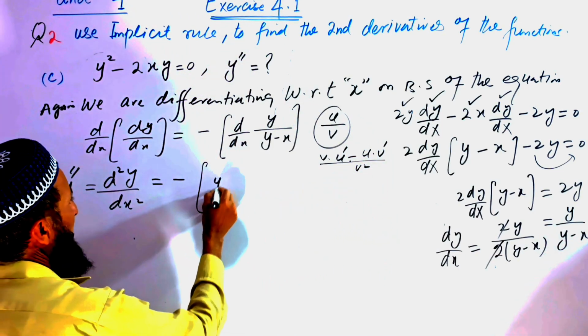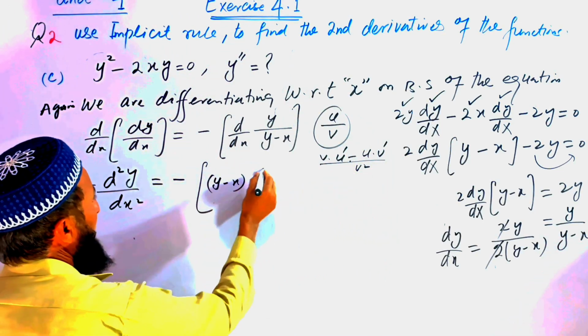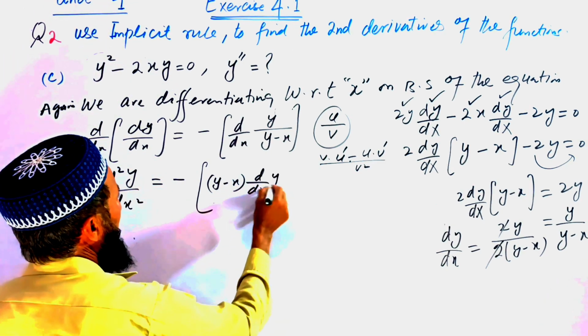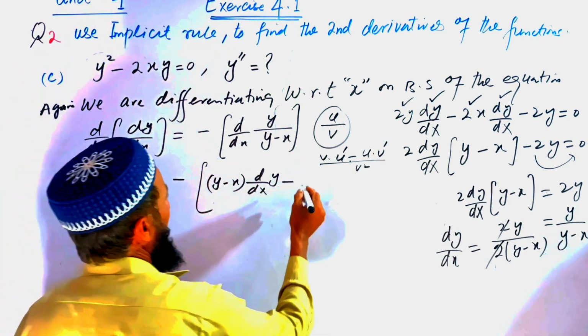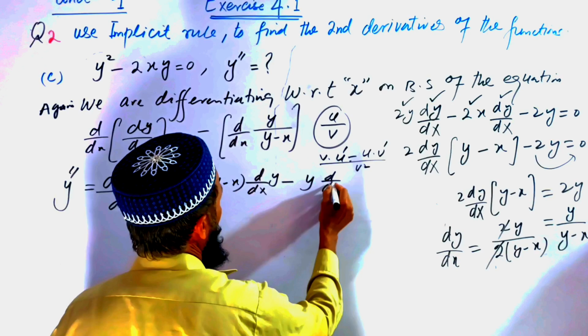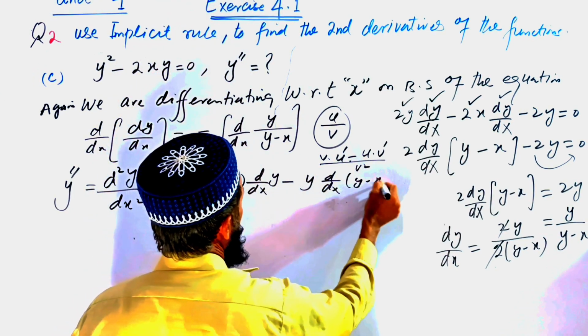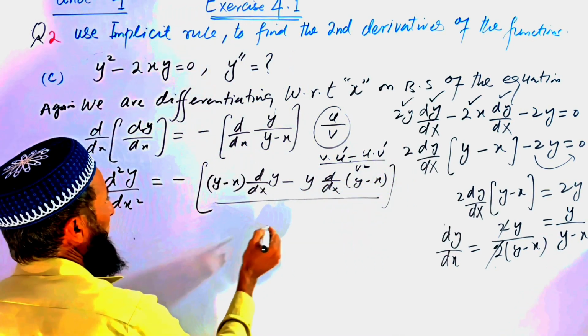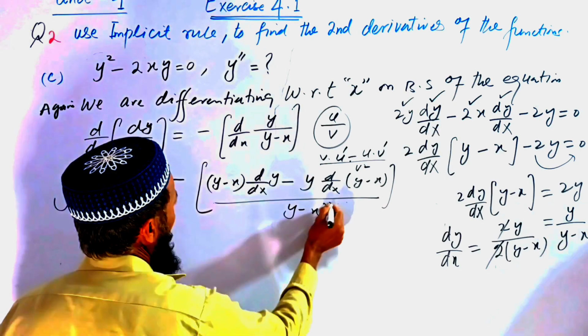Here we have y minus x, and the derivative of dy by dx, minus y times the derivative of y minus x, divided by y minus x whole square.